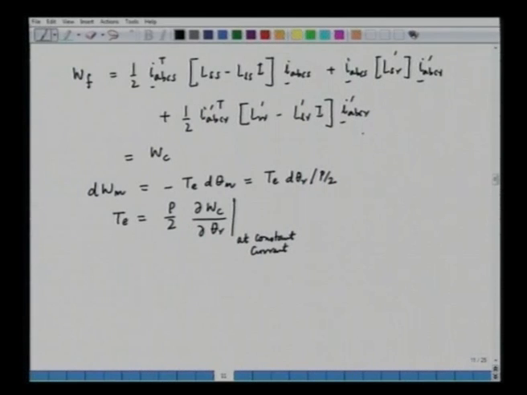So, we can say here that the torque is equal to the negative derivative of the energy with respect to theta m at constant flux linkage, or that is equal to the derivative of the co-energy with respect to theta m at constant current.